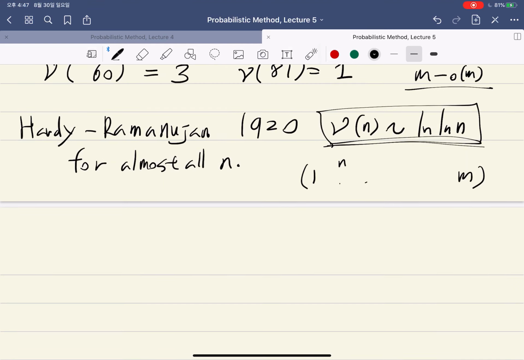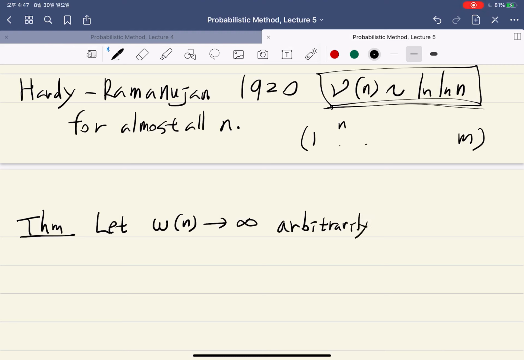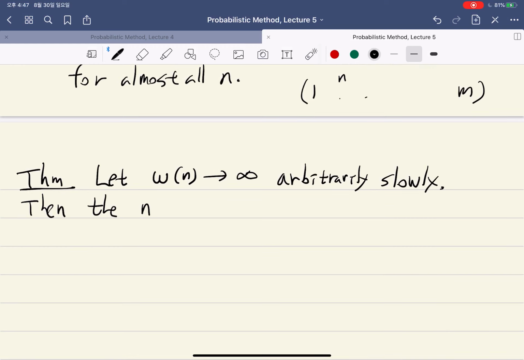The proof they gave was rather complicated, but later Turan gave a much simpler proof using the probabilistic method. So let's see what Turan proved. Let's say omega(n) is a function which goes to infinity arbitrarily slowly. This could be any function that goes to infinity in a slow way.